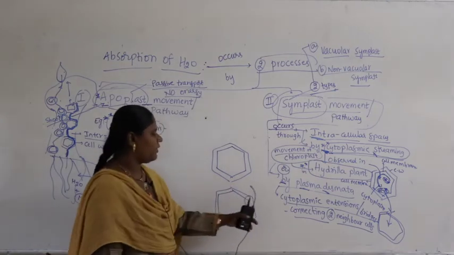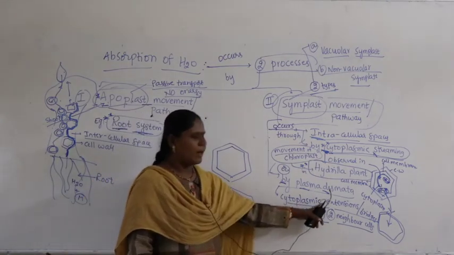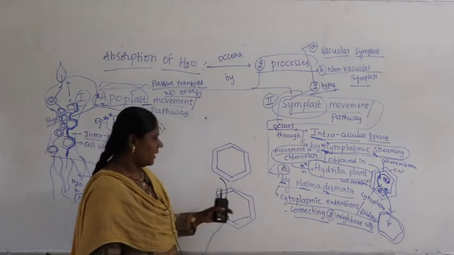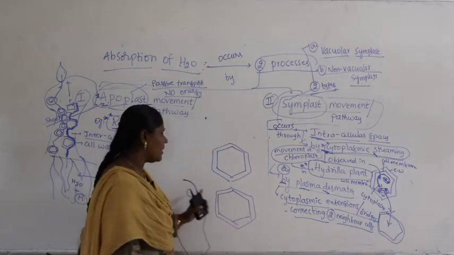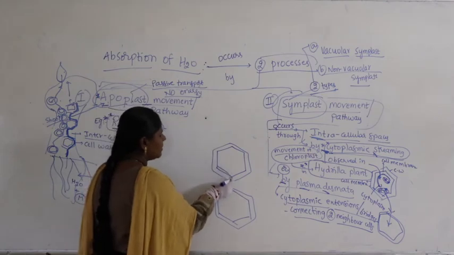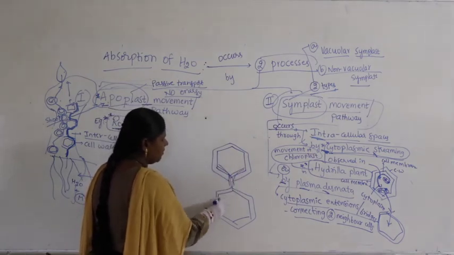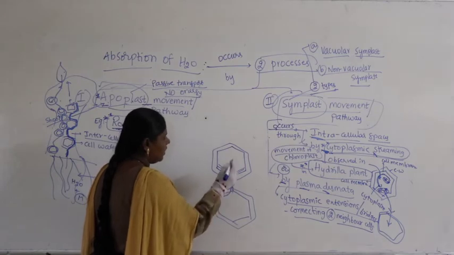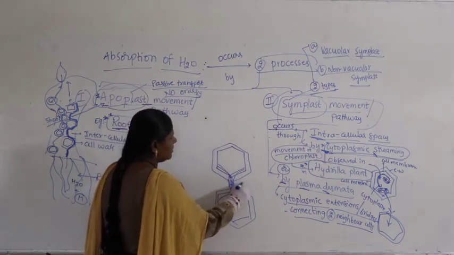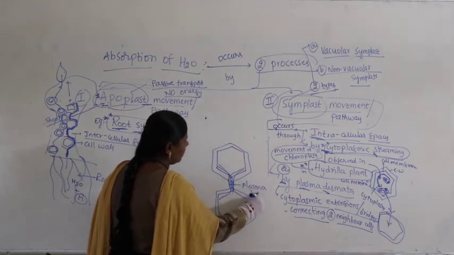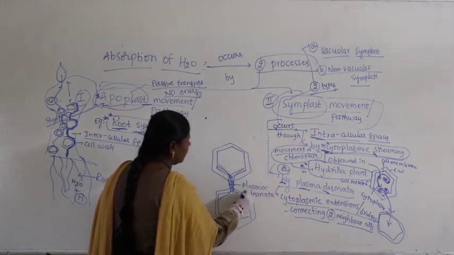Cytoplasmic extensions or bridges, we studied in cytology. Carefully try to understand: cytoplasm extends, comes out, here also cytoplasm comes out and forms the bridges. This is what is called plasmadesmata.